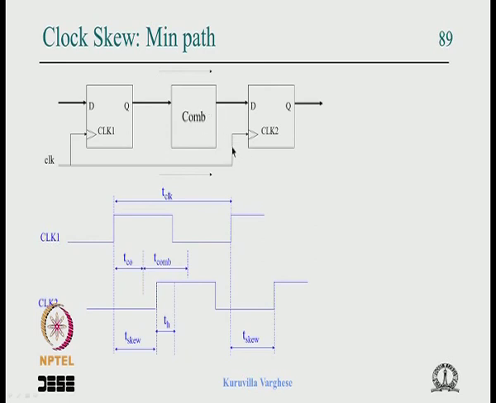So by the time, the hold time window is gone and nothing happens. But you see here the situation is that clock 2 is getting delayed. So maybe the TCQ plus Tcom can catch up with the hold time window of this clock 2. So that is what is shown here.